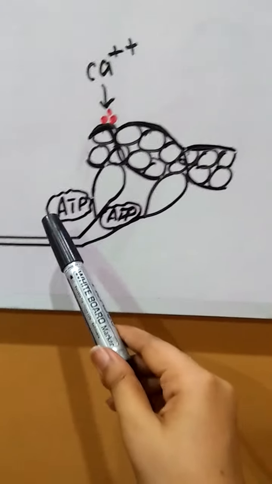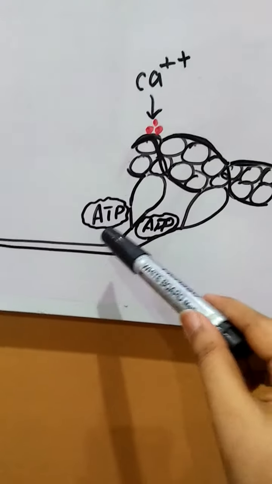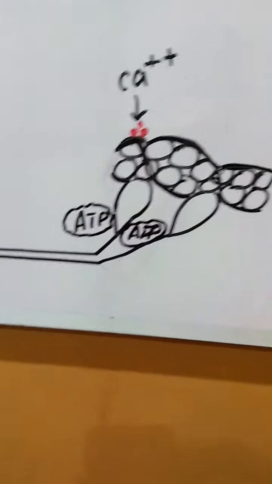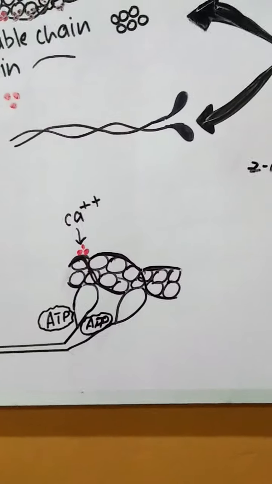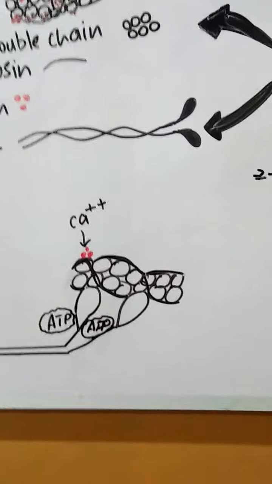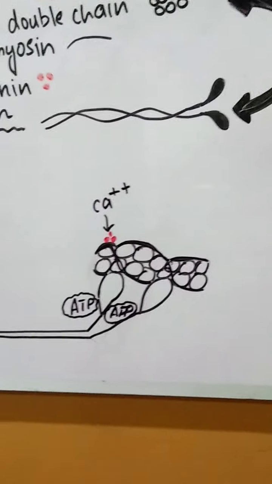As you can see, they are also bound by the ATP. ATP will bind with these globular heads, and these globular heads are actually ATPase enzymes because they break ATP, and the energy released from this ATP will be used for relaxation of muscles after contraction.